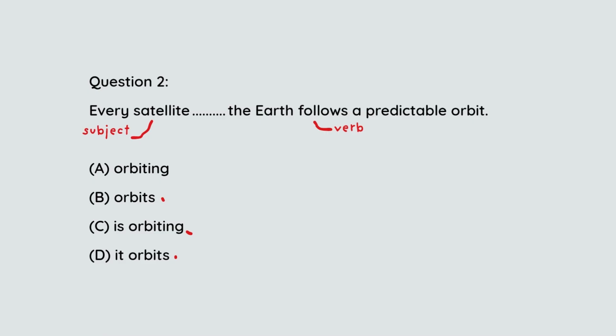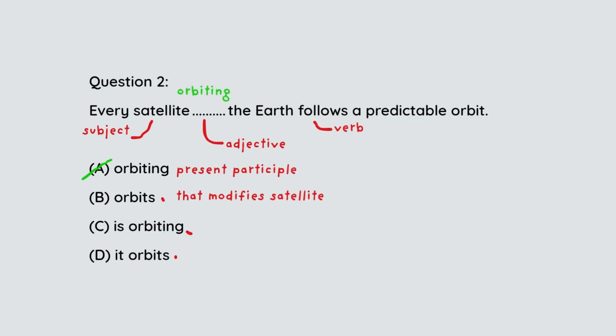What we're missing is an adjective to describe satellite. That's why the correct answer is orbiting. Orbiting is a present participle used as an adjective to describe satellite. It tells us which satellite we're talking about. So the correct sentence should be, every satellite orbiting the Earth follows a predictable orbit.